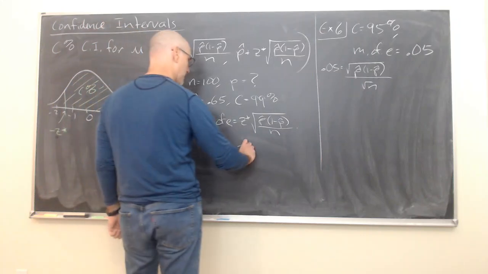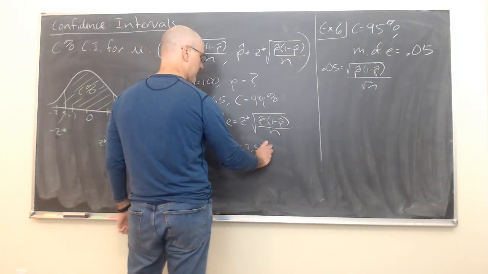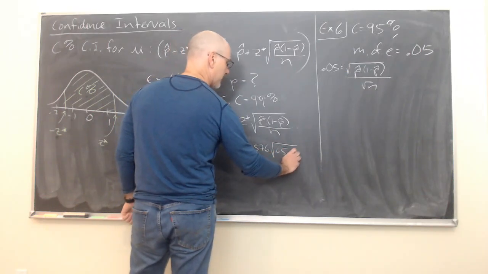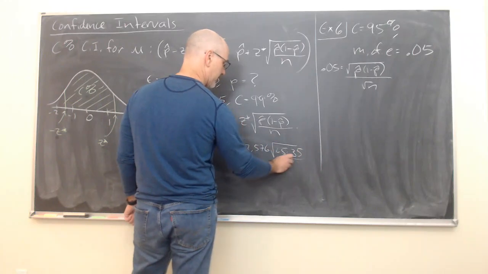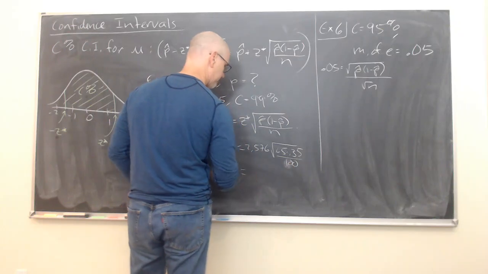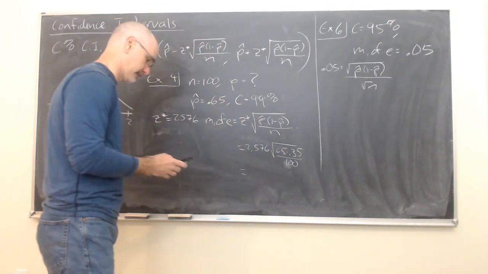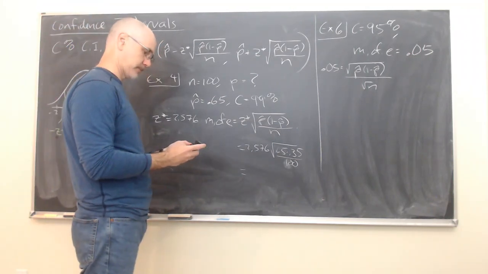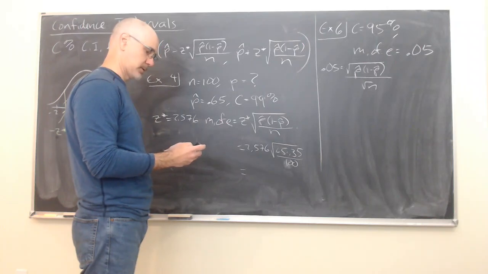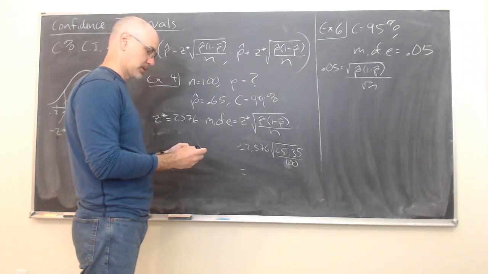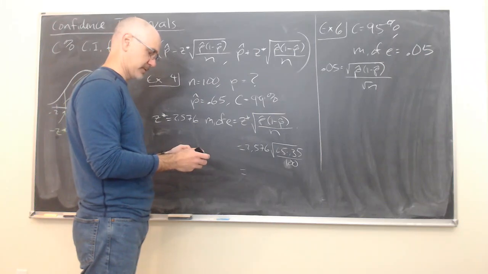That makes the margin of error 2.576 times the square root of 0.65 times 1 minus 0.65, which is 0.35, all over 100. So for that margin of error, take a second: the square root of 0.65 times 0.35, divided by the square root of 100, times 2.576.